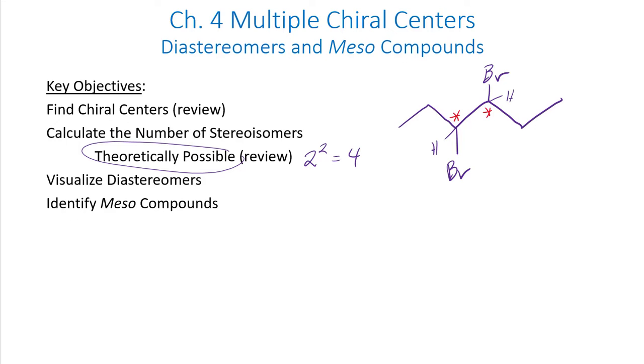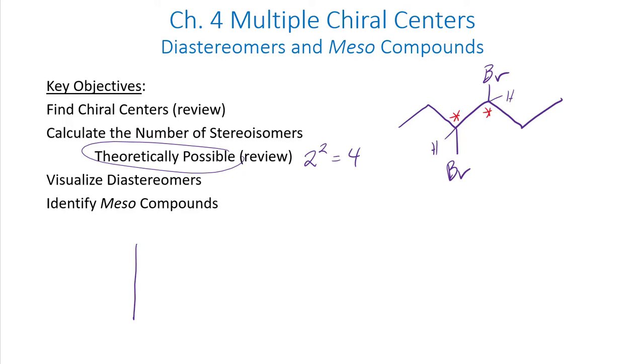And this is actually an example where it might be useful to use Fischer projections. So I'm going to draw those first for our discussion, and then we'll go and look at the wedge dash pictures as well.